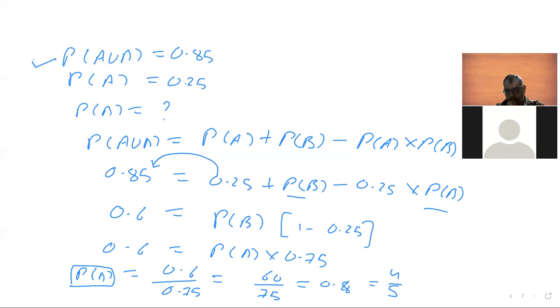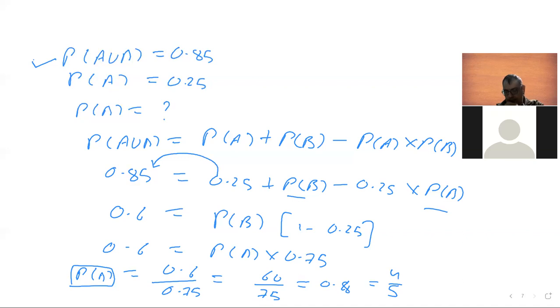Now can you solve again? Just see where you are mistaken. I did, I don't know where. What is 0.4 minus 0.25? 0.15.